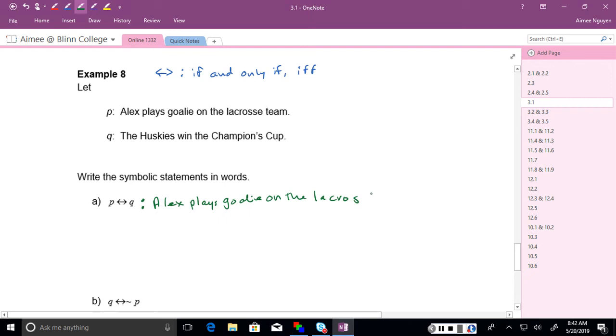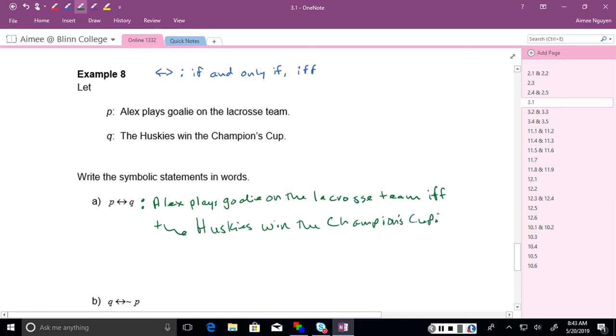And then my biconditional, my if and only if, the Huskies win the Champions Cup.